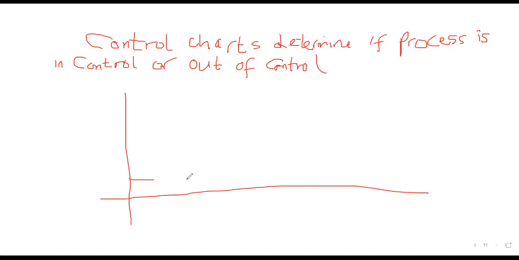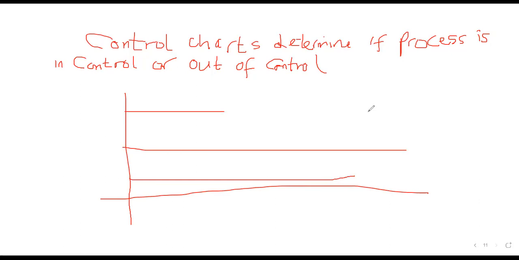then our center line is here. This is our lower control limit, our center line, and the upper. So for example, if this is our R bar, and this is our lower control limit, this is our upper control limit.